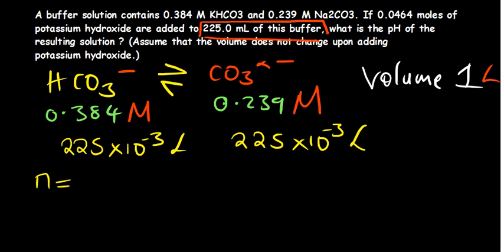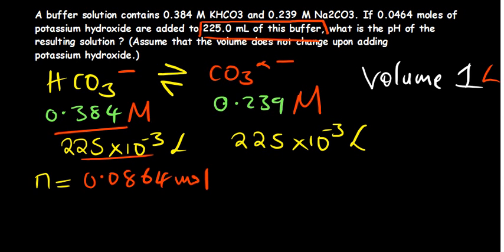Starting with our acid, we understand that number of moles is a product of concentration and volume. The reason for converting to liters is because we have molar concentration. So what happens if you multiply your concentration against your volume? That is going to give us 0.0864 moles.